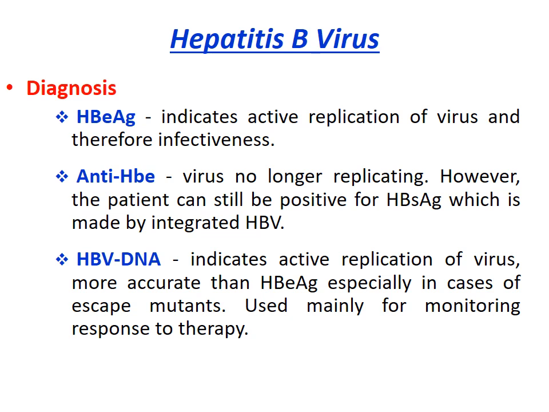It indicates the virus is no longer replicating. However, the patient can still be positive for HBs, which is made by integrated HBV. So when anti-HBe is there, it shows the infection is going to end.